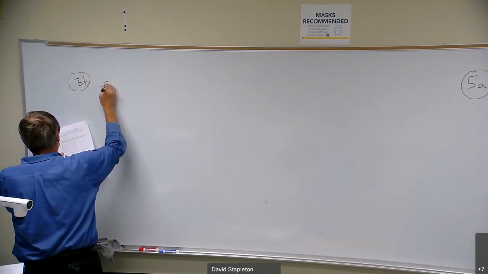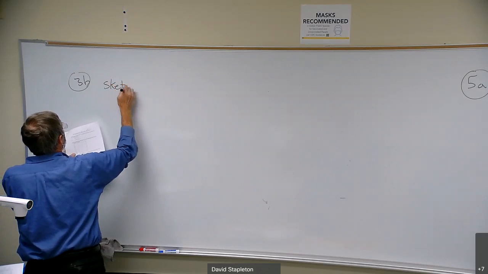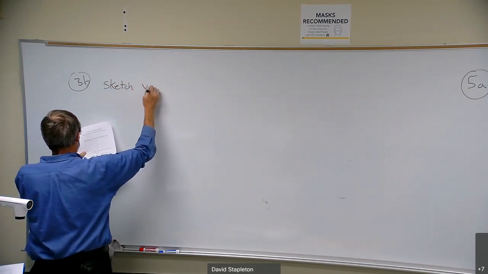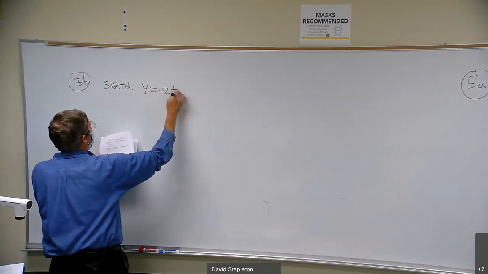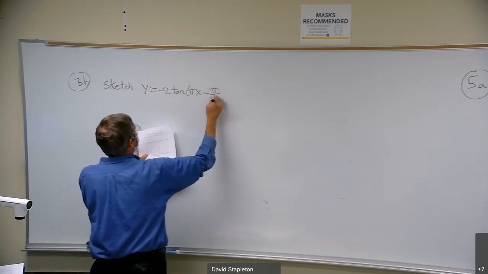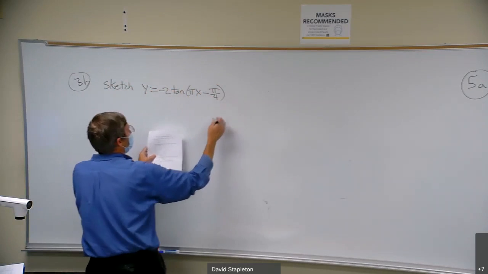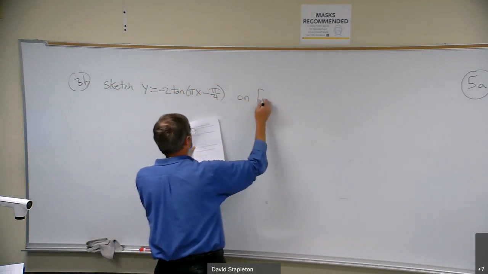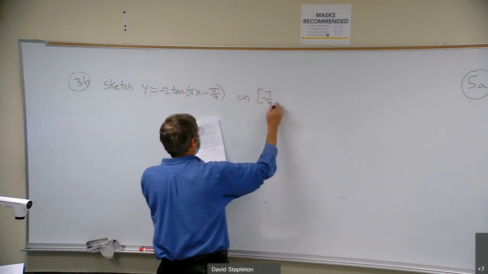So it says to sketch y equals minus 2 tangent of pi x minus pi over 4, on the interval, in particular, minus 7/4 to 9/4.